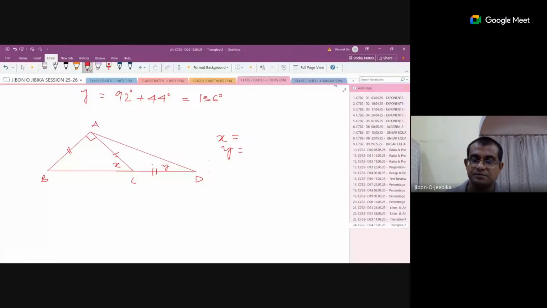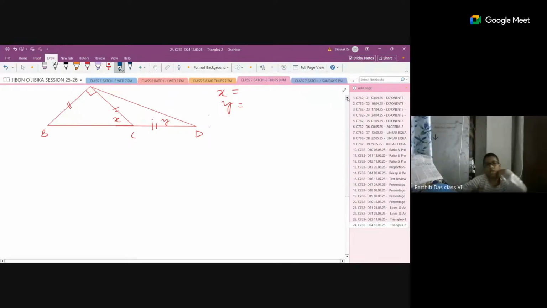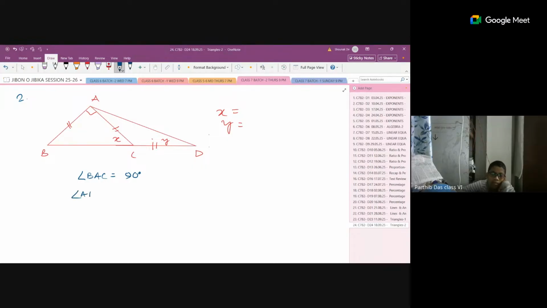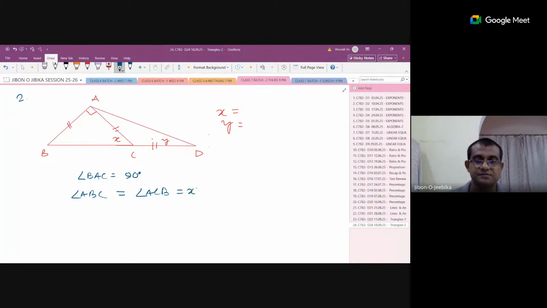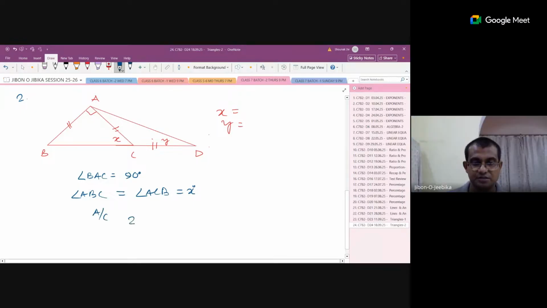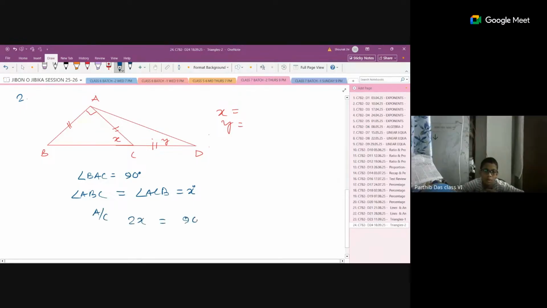Okay, Parthiv, how have you done this? Angle BAC is equal to 90 degrees. And angle ABC is equal to angle ACB, which is equal to x. According to the condition, 2x is equal to 180 minus 90 degrees, which is equal to 90 degrees.